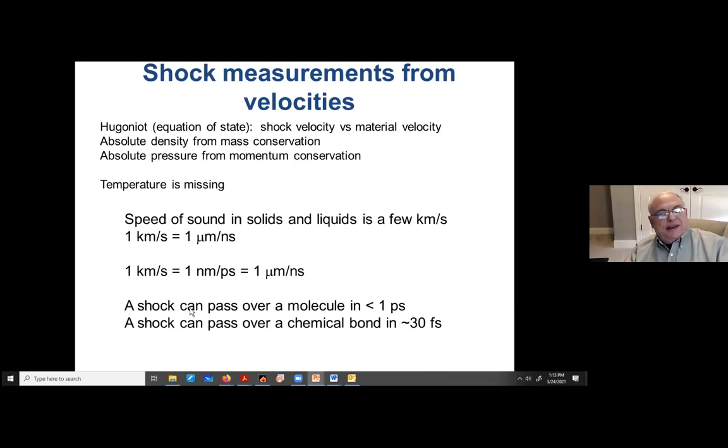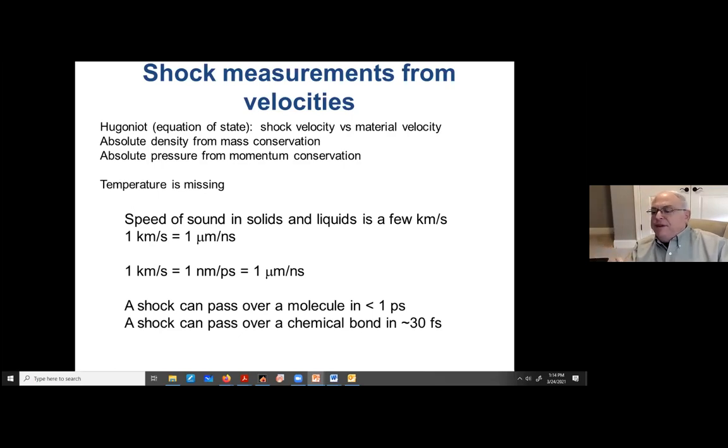And then, Dave Moore, my friend at Los Alamos, always likes to say, a shock can pass over a molecule in less than a picosecond, and it can pass over a chemical bond in less than 30 femtoseconds. So it's possible to see some very, very fast effects. The problem is that to get really high time resolution with a shock wave, you need a thin sample.